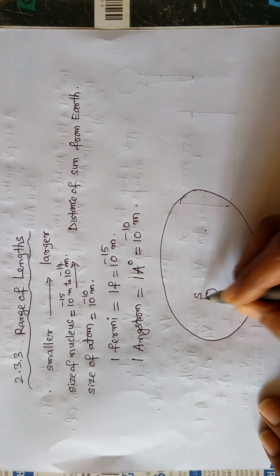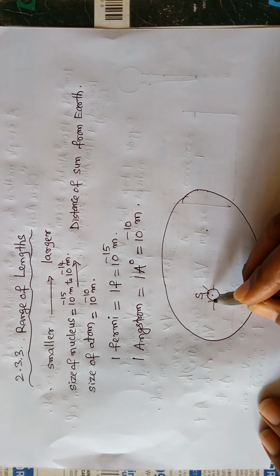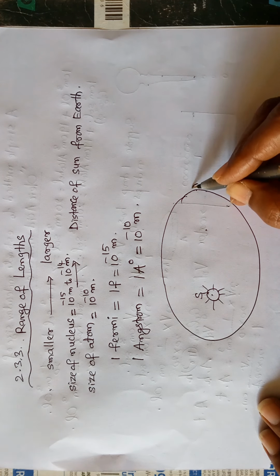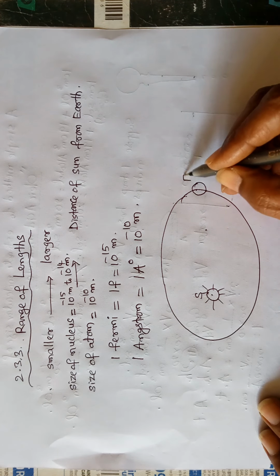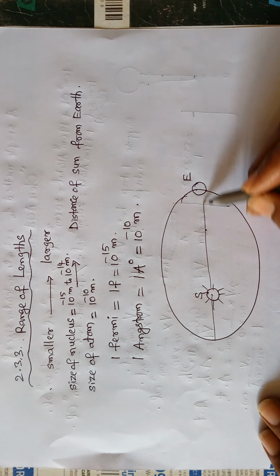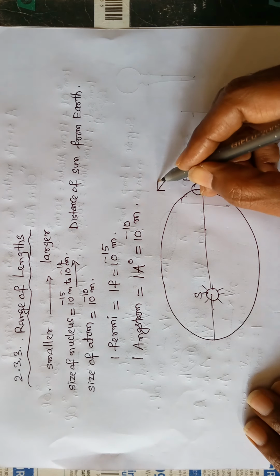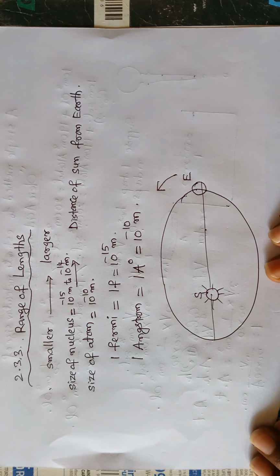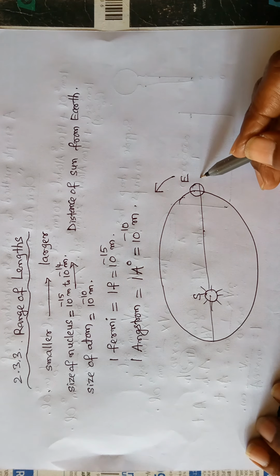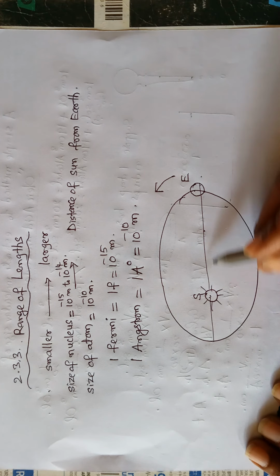This is sun. And suppose this is our earth. This is our earth. And this earth is moving around sun. At this position, the distance between sun and earth is largest.